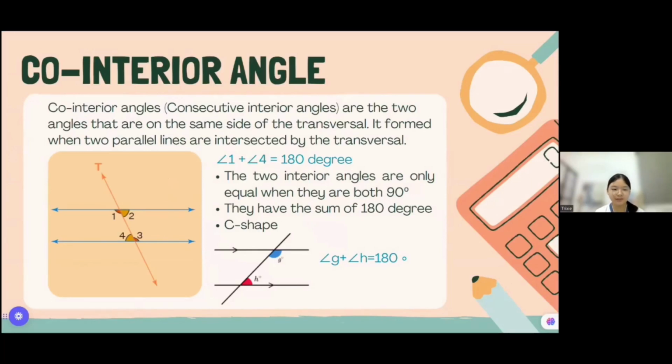Angle 2 plus angle 3 equals 180 degrees also. The two interior angles are only equal when they are both 90 degrees. They have the sum of 180 degrees in a co-interior angle. To find the co-interior angle, look for the C shape.